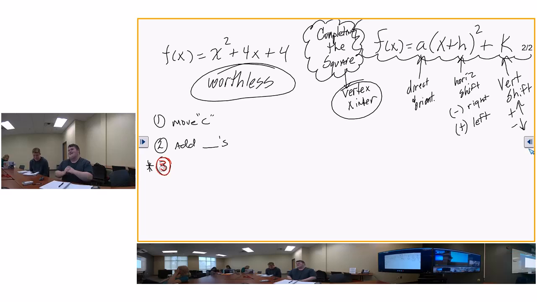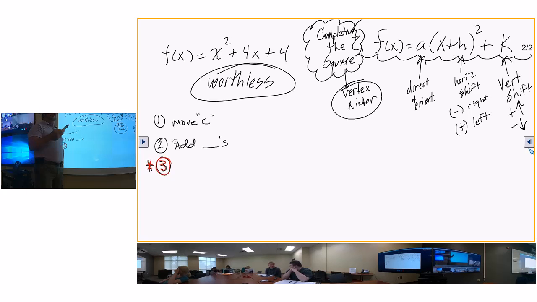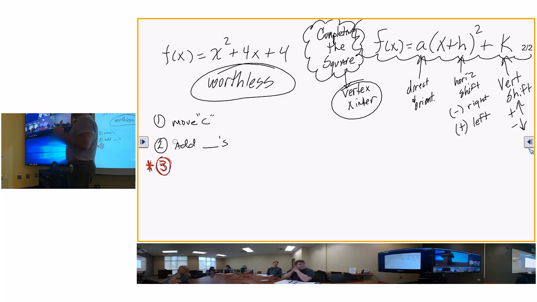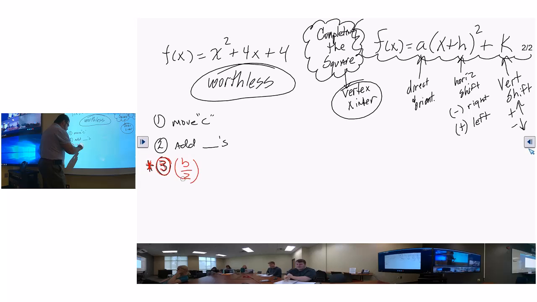I've got to ask y'all this because, like I said, 110 and 111 are sister courses, about the same material. Have I covered this with y'all? Pendleton, have I covered this? Completing the square: b over 2 raised to the second power.